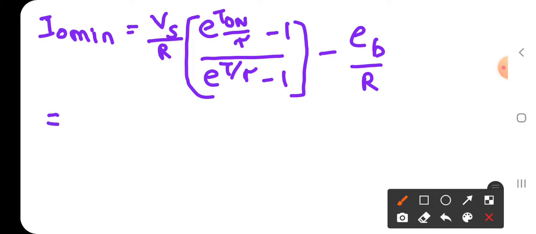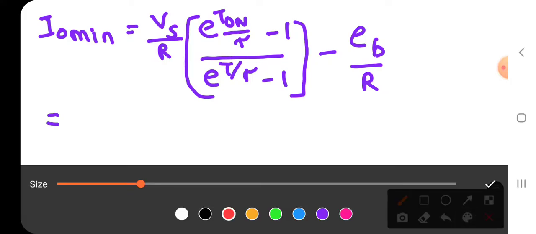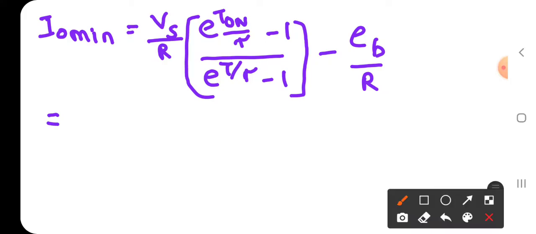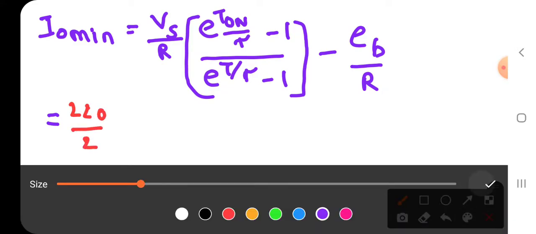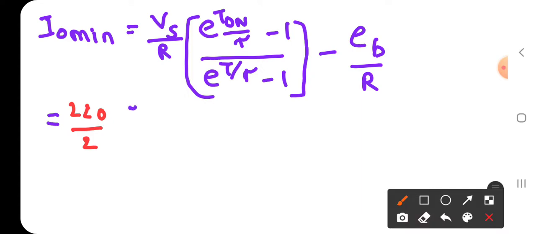This is equal to Vs, in the sense 220 by 2, into e power t on by tau.